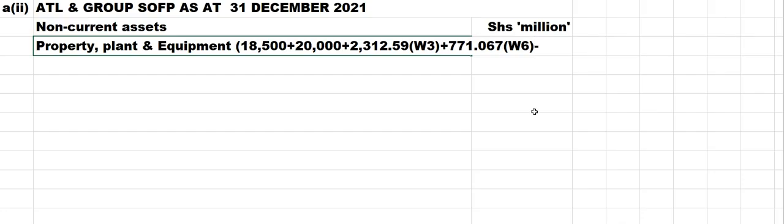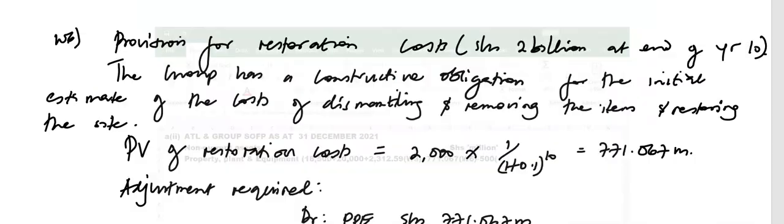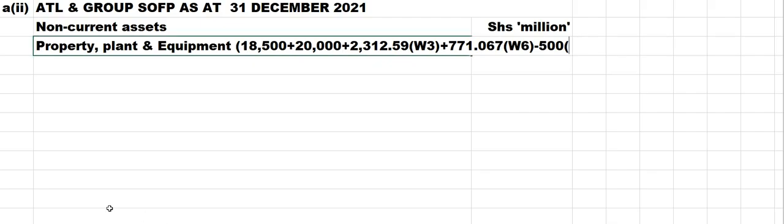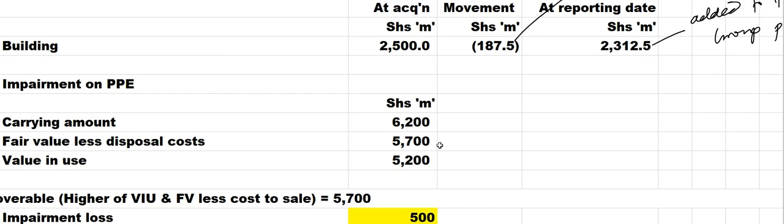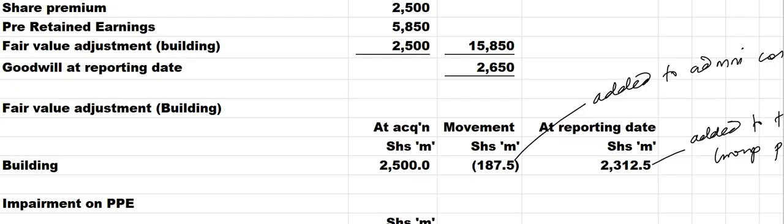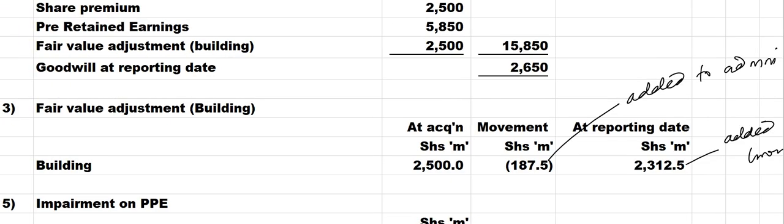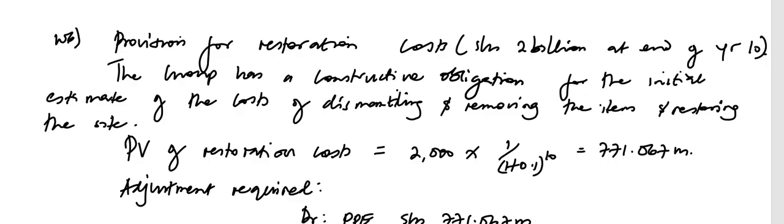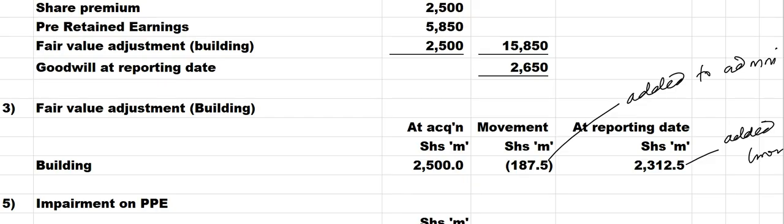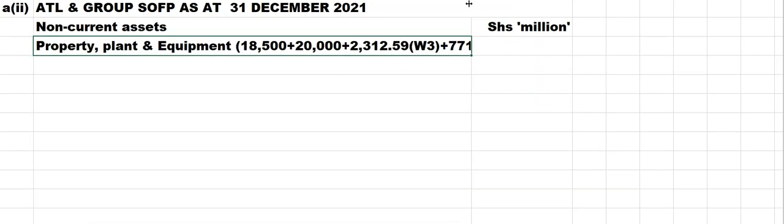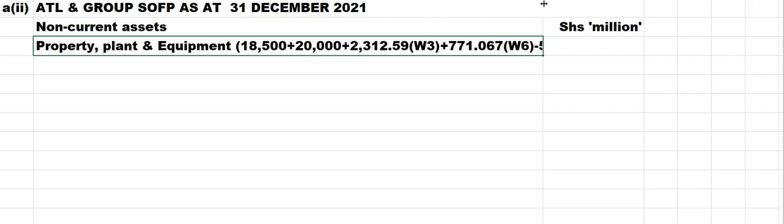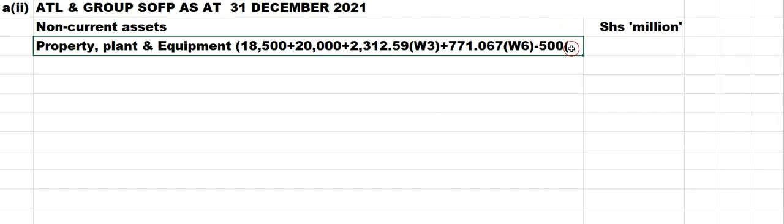Then we have to minus the impairment of 500. That's working what? Impairment loss. Impairment is working 5. Okay, working 5.